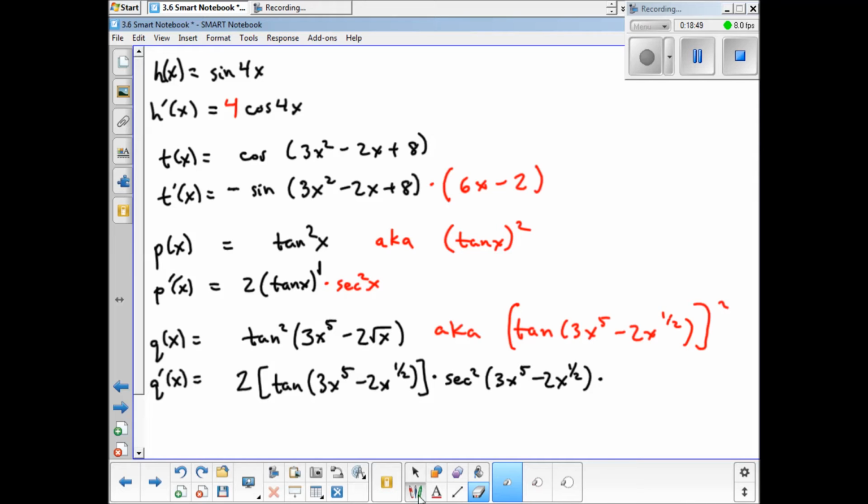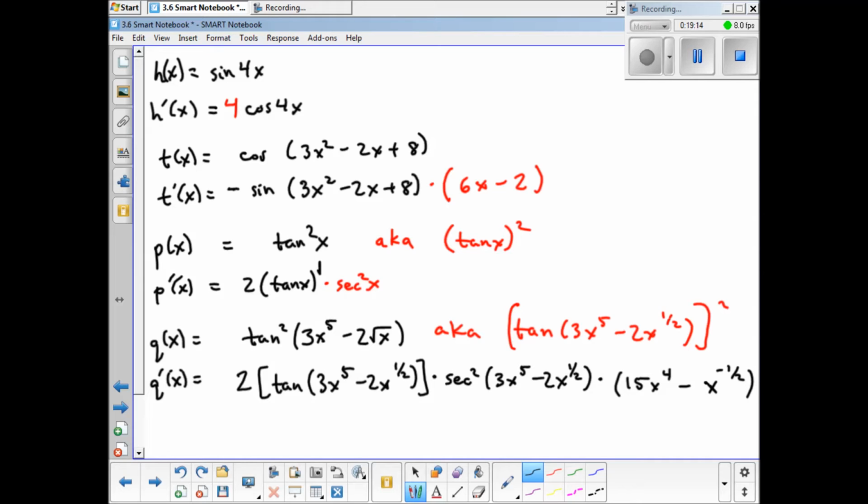The final link in the chain, you could say, is to find the derivative of that, which is of course 15x to the 4th minus, and then bringing the half down cancels with the 2, so we just have 1, and then it's just x to the minus half.